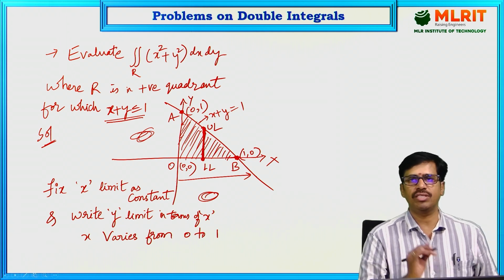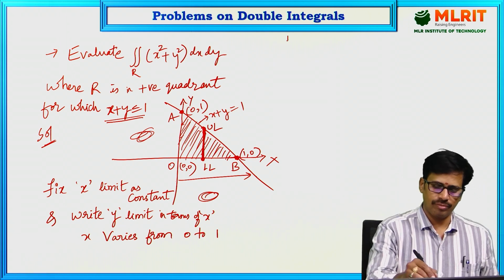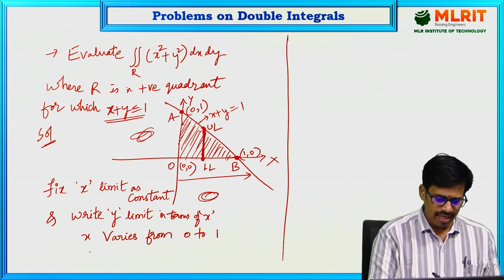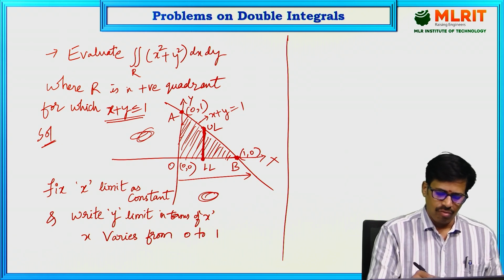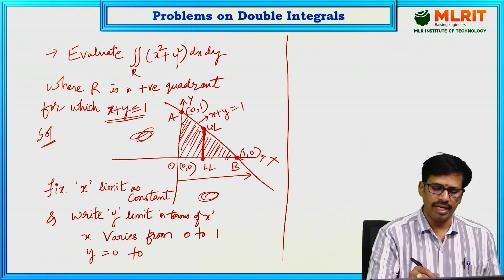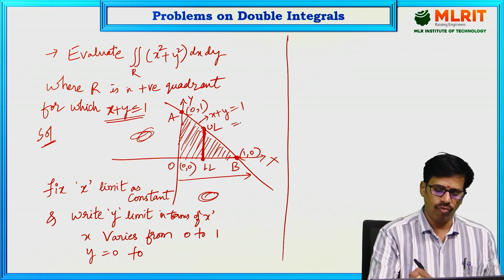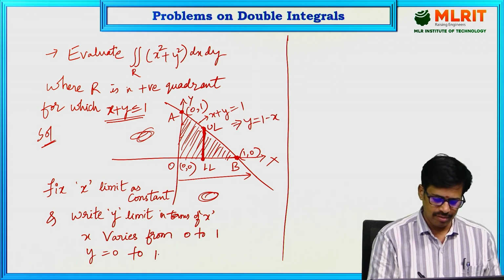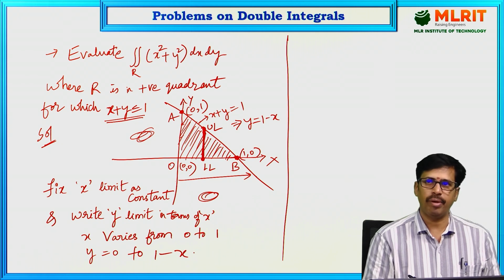Now we have fixed x limit as constant. Now write down y limit. Lower limit touches x axis, so y is equal to 0. Another end upper limit touches the line x plus y equal to 1. So y value is 1 minus x. So 0 to 1 minus x.